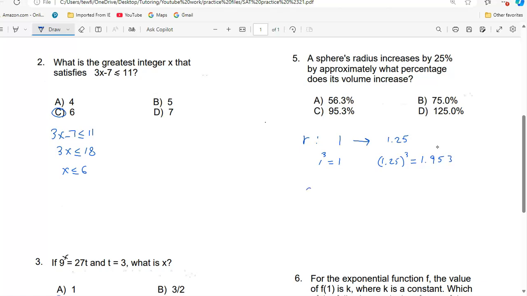So the difference will be 1.953 minus 1, which is 0.953, and that equals 95.3%, which is choice C.